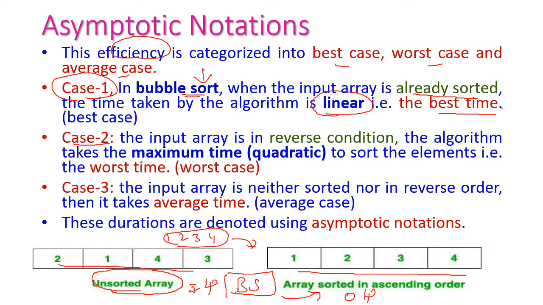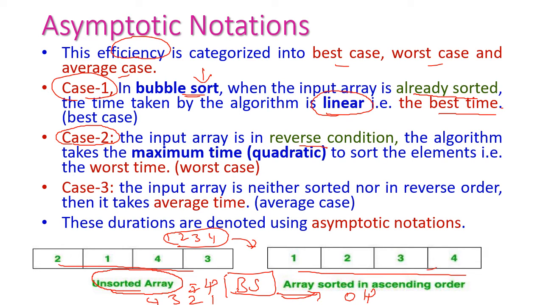Let us take the other case, that is case 2. Suppose we give the reverse condition, that means the input is 4, 3, 2, 1 in reverse order. Now we need to sort these items. What will be the output? 1, 2, 3, 4.